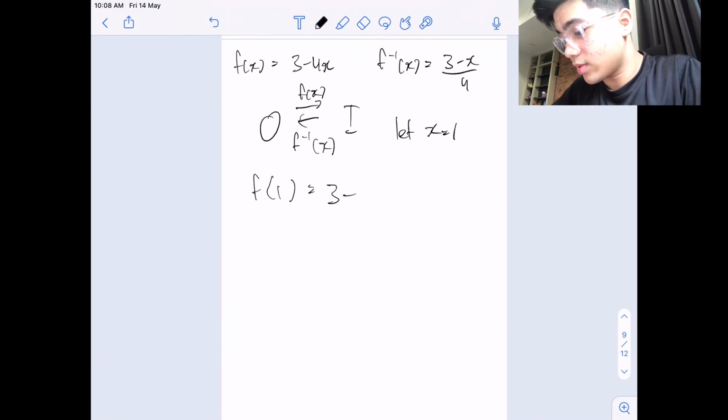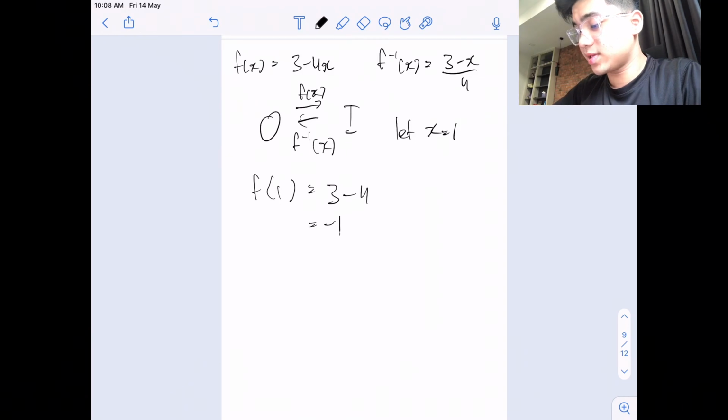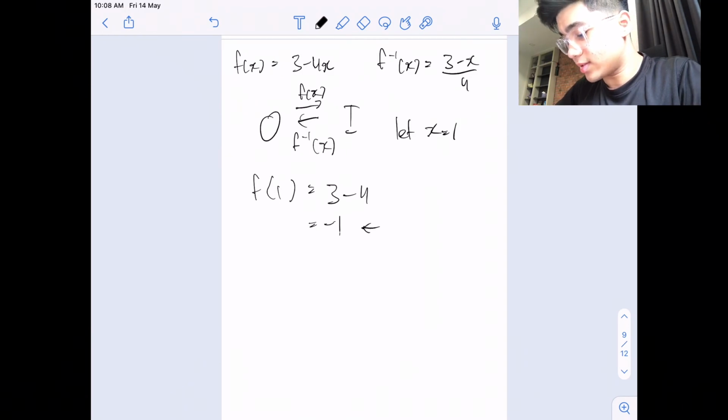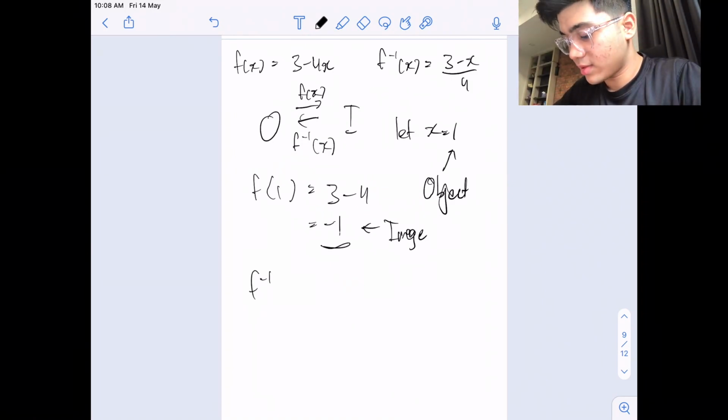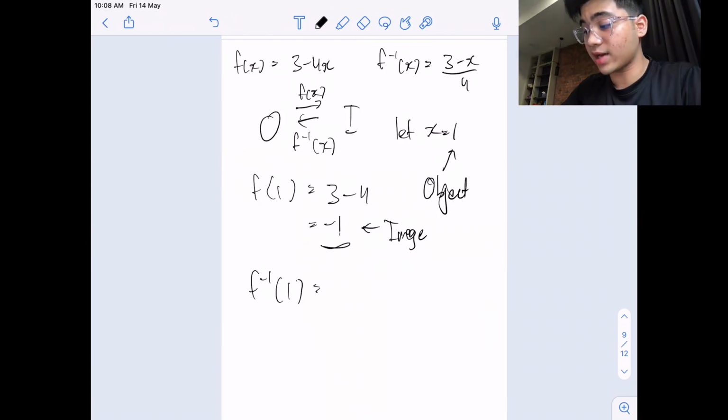f(1) equals 3 minus 4, which equals negative 1. So this is the image right now, since we know x equals 1 is the object. If I put this value back into my inverse function and get the same value, x equals 1, the object that we put in, then our inverse function is correct.